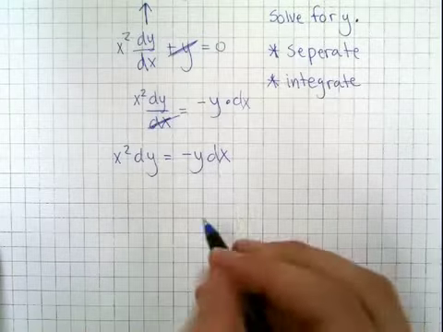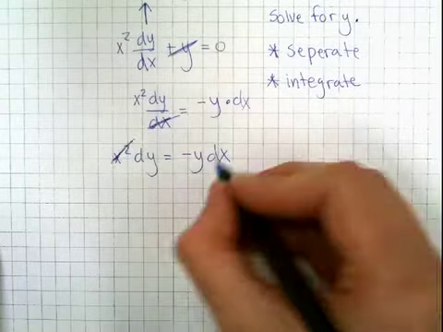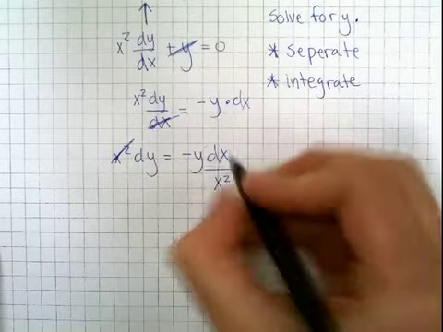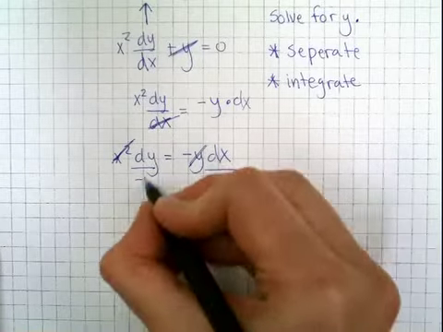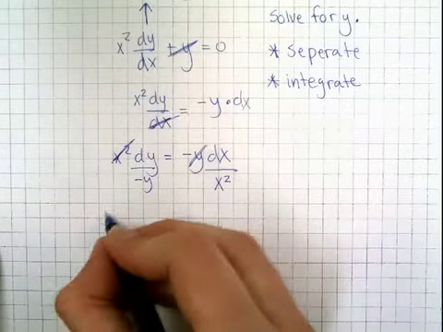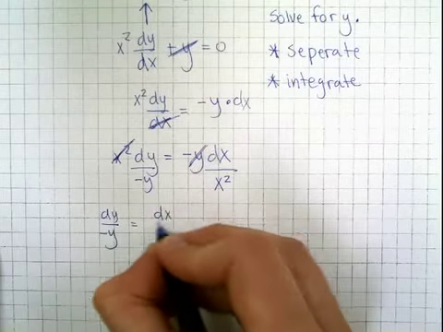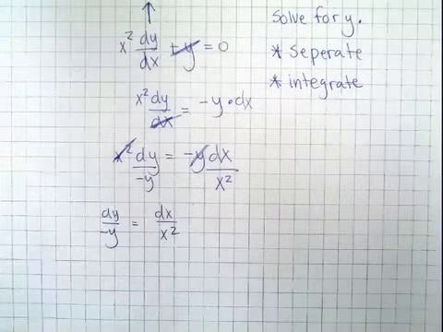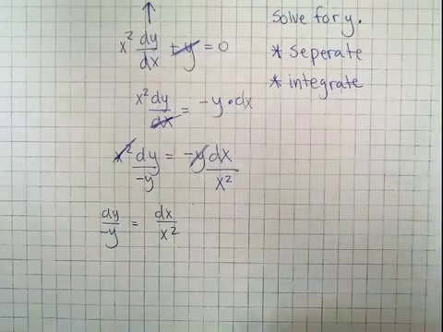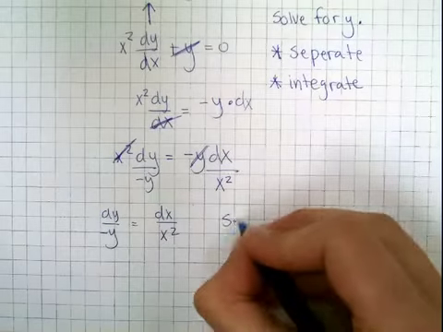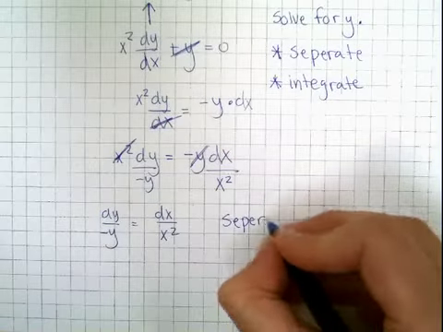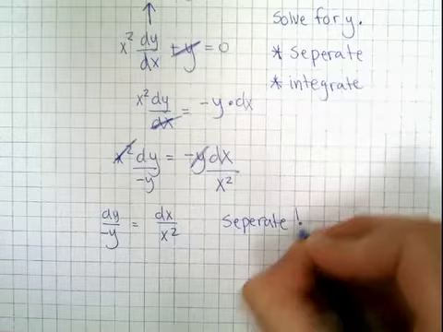So to fix this, I'm going to divide the x squared underneath this side and divide the negative y underneath this side. I'm going to have dy over negative y equals dx over x squared. And now I've hit that separate step. So I'm done. We've separated. We have all the y's on the left, all the x's on the right.